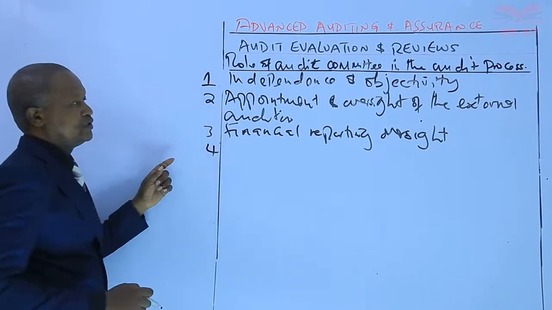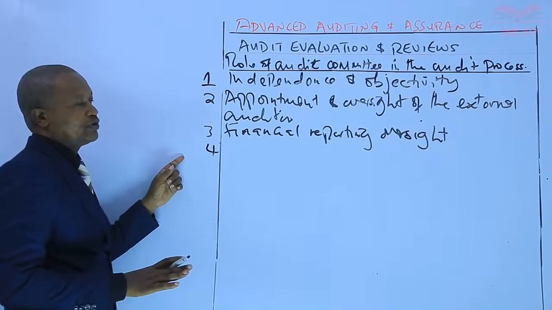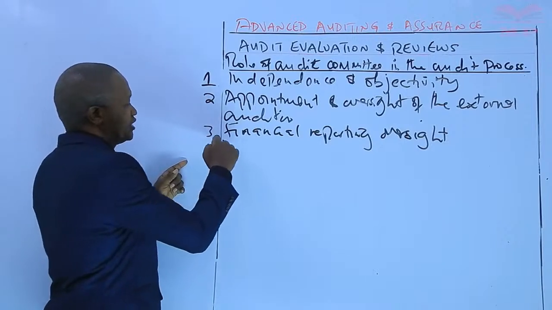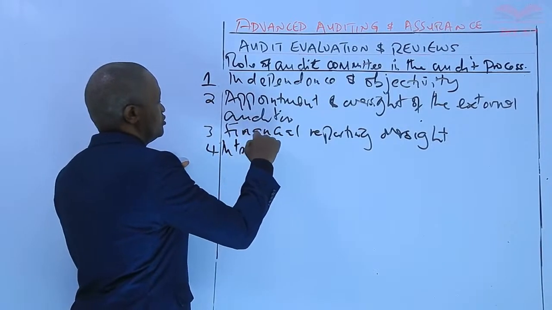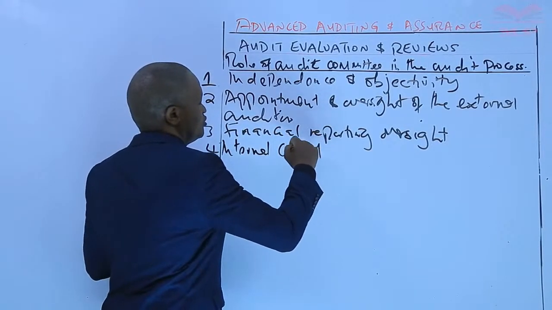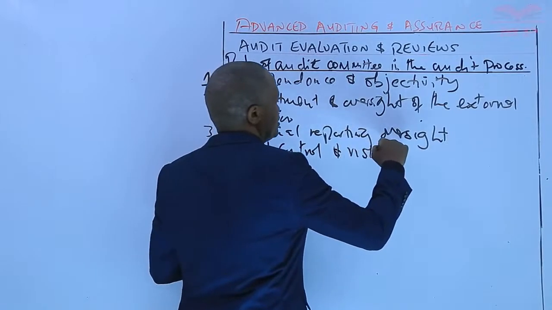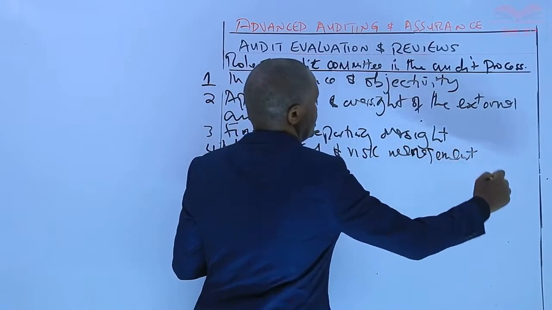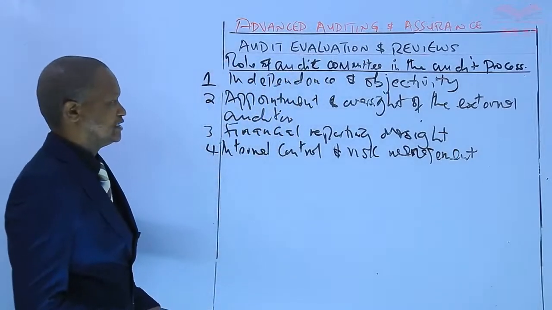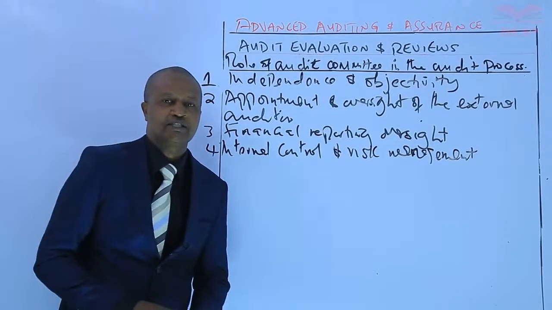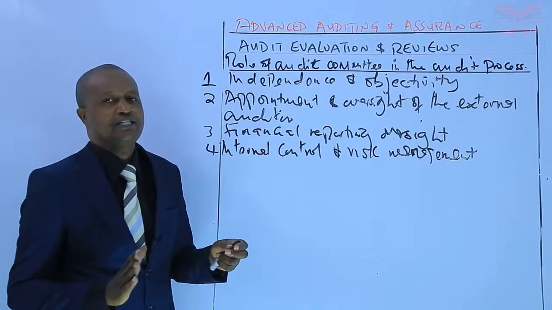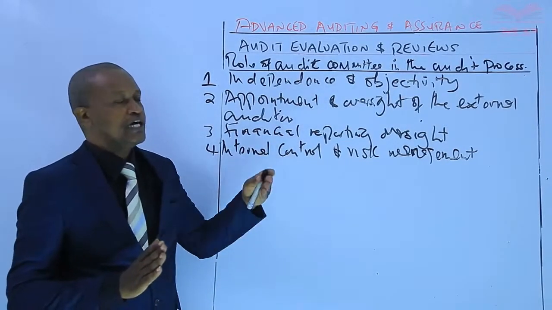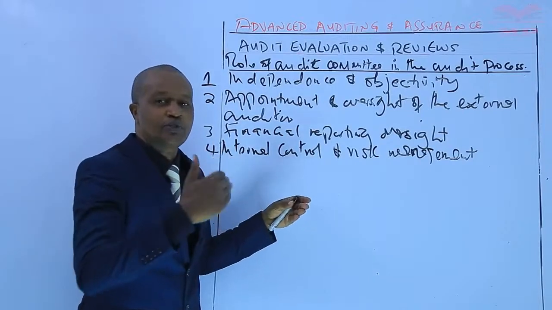Number 4 is a role related to internal control and risk management. The audit committee assesses the effectiveness of the organization's internal control system and also the risk management processes.